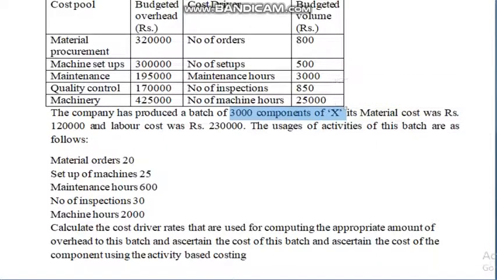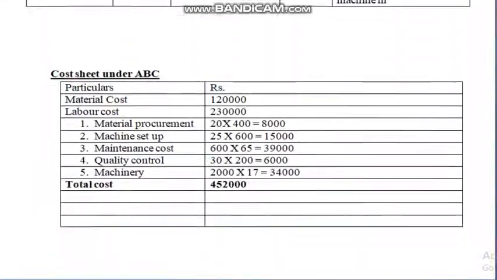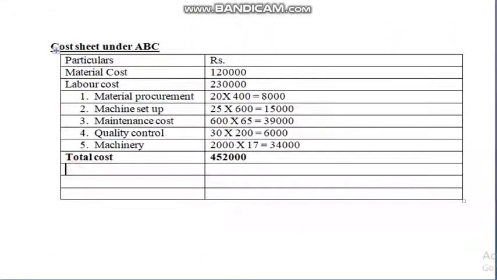Then what's the cost per unit? In order to calculate cost per unit, the total cost should be divided by the number of units. Here we have produced 3,000 components, or 3,000 units. So 4,52,000 rupees incurred to produce 3,000 units.